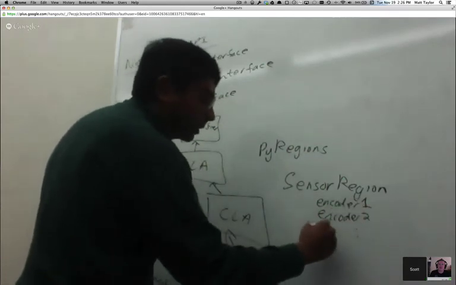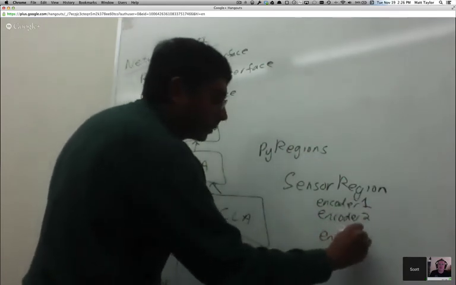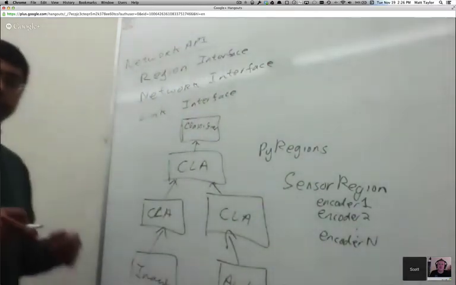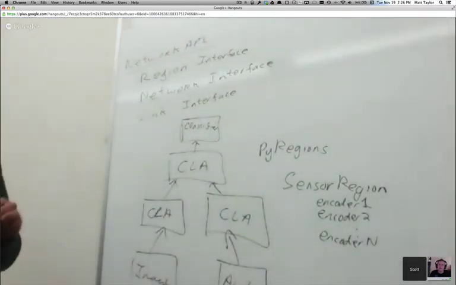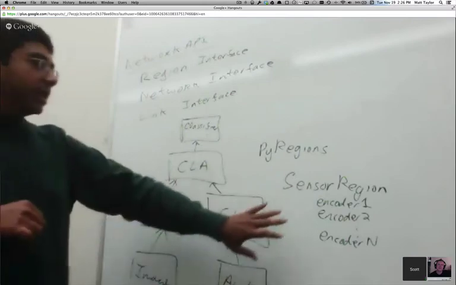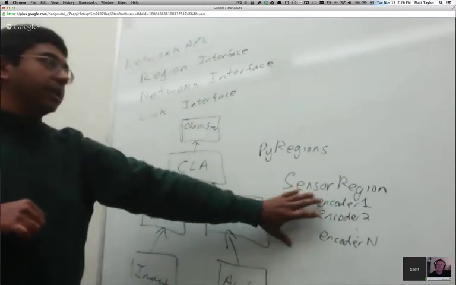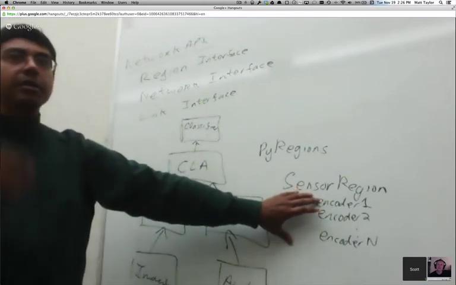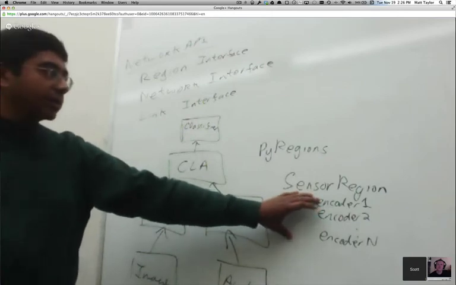So I can use encoders to hook up my input without using the OPF because of the sensor region. Correct. Is sensor region a part of the OPF, or? I've been thinking it is, but it doesn't have to be. I guess you could imagine using these encoders in non-OPF scenarios.